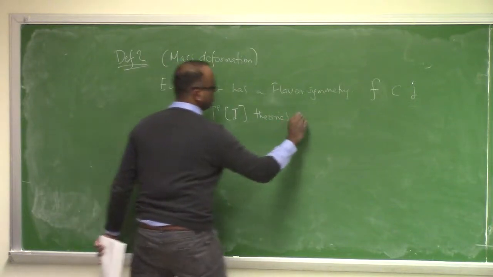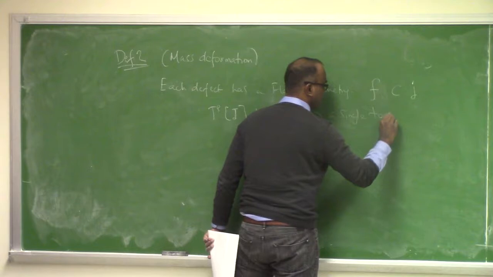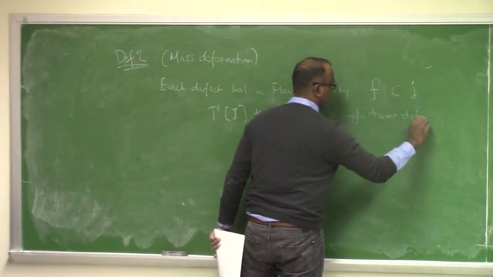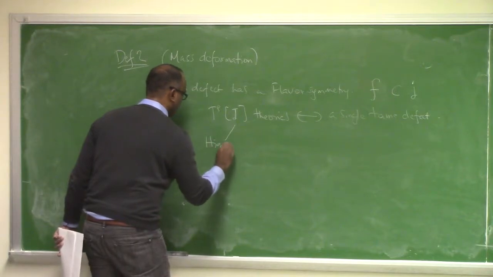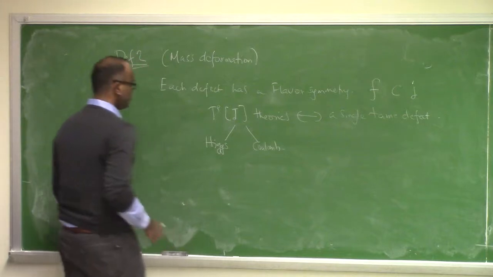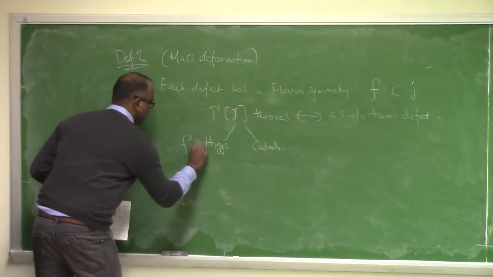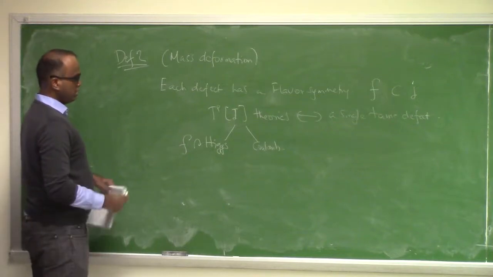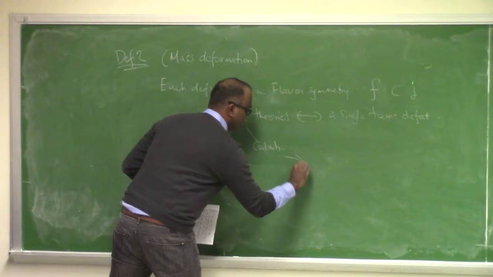They're associated to a single tame defect. They have a Higgs branch and a Coulomb branch. These flavor symmetries basically act as isometries of the Higgs branch, while what I'm trying to deform is actually the Coulomb branch.